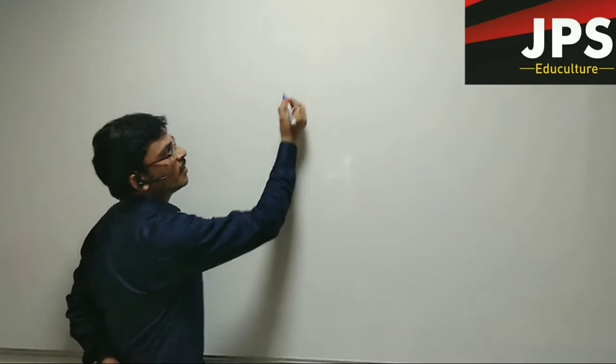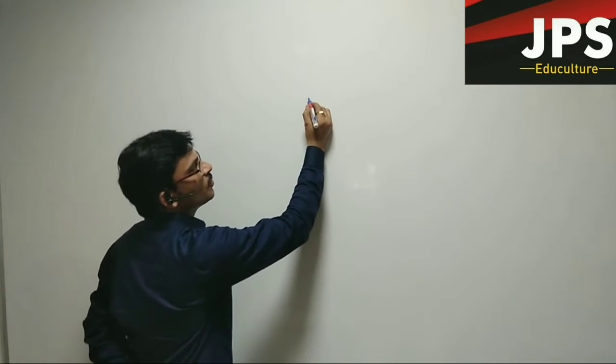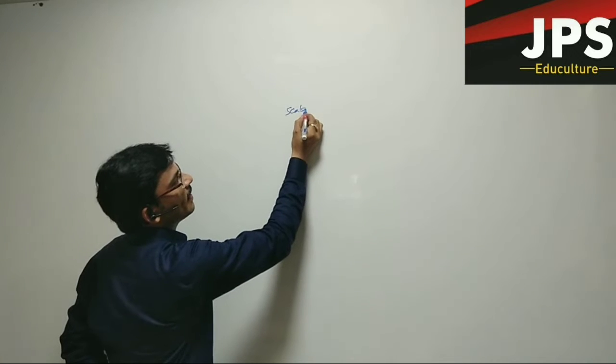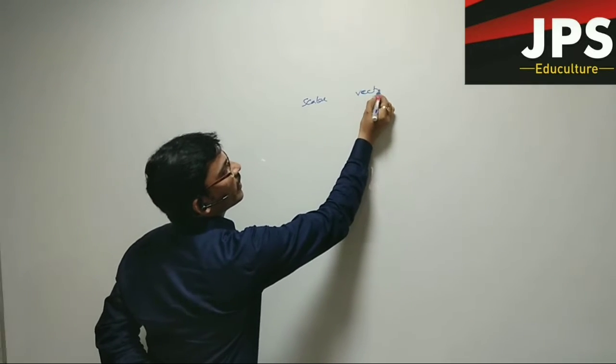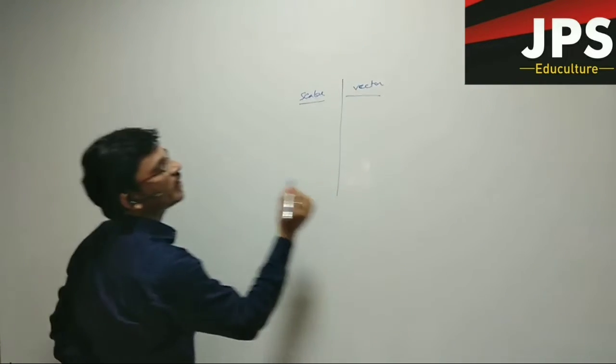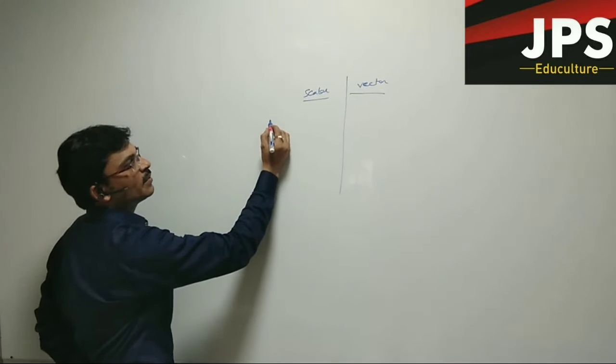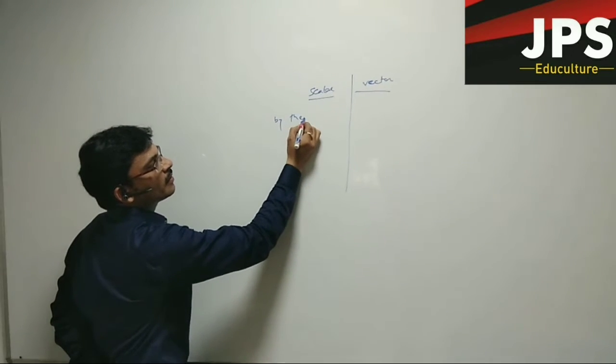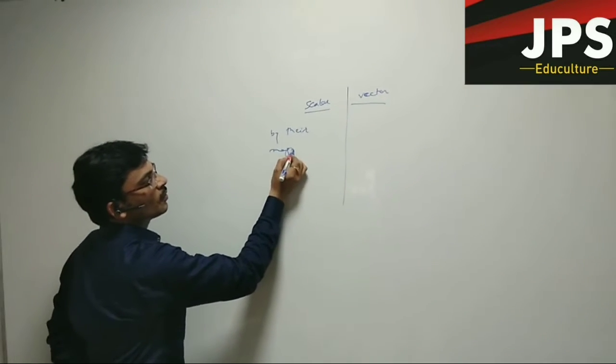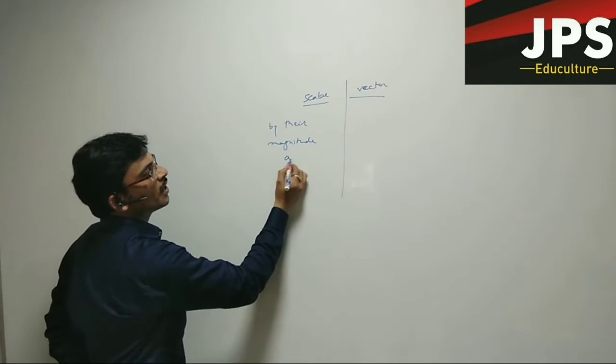All the physical quantities can be divided into two types, that is the scalar and vector quantities. Scalar quantities are those quantities which can be described by their magnitude alone.